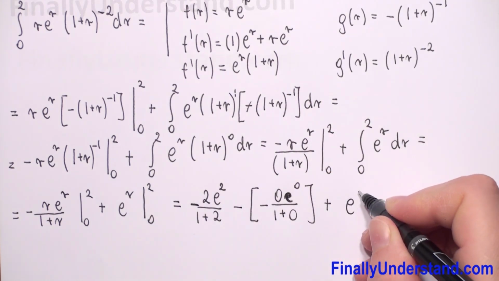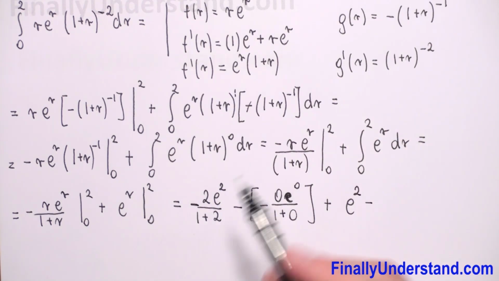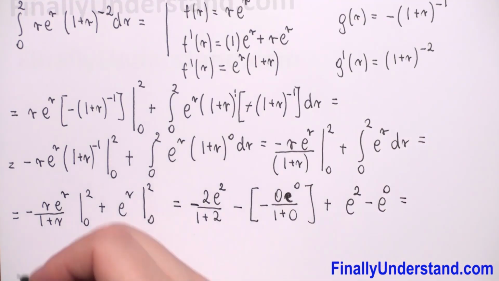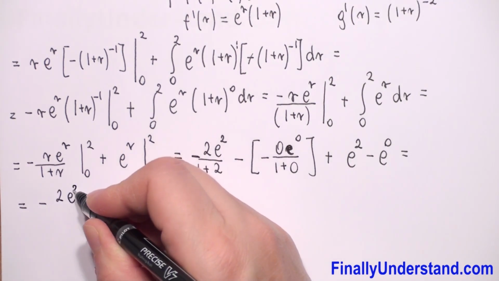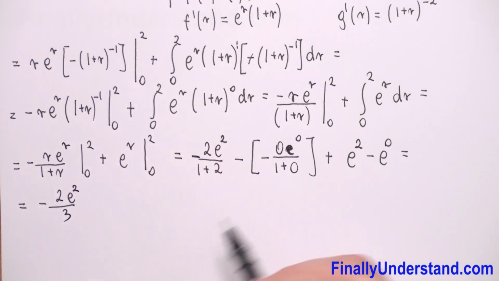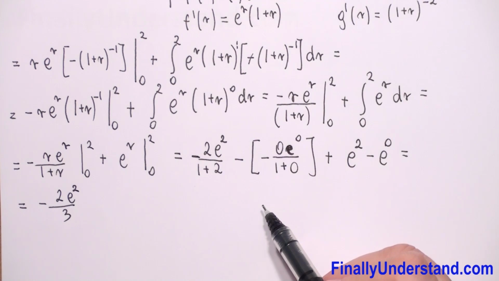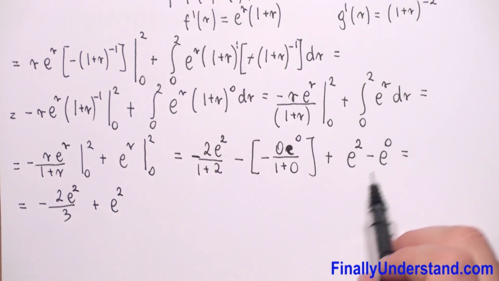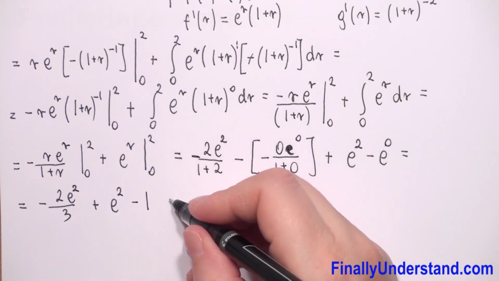So we have e to power 2 minus the lower limit, which is 0. So we have e to power 0. This is equal to negative 2 times e to power 2 over 3. This expression will be 0 because 0 times whatever we have here will be 0. So now we have plus e to power 2, and minus e to power 0, which is 1. So this is equal.